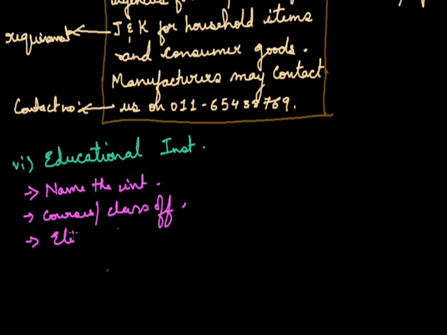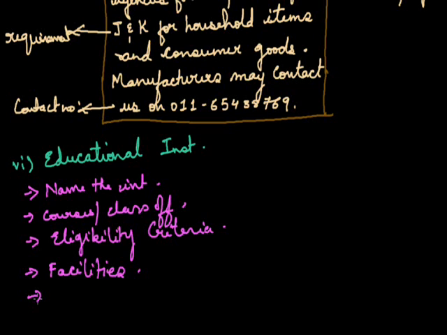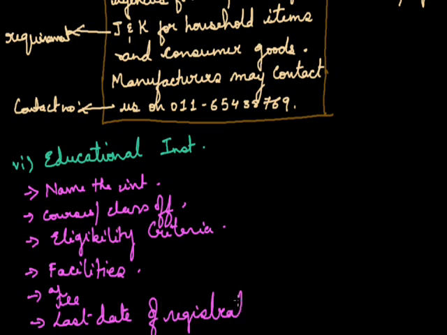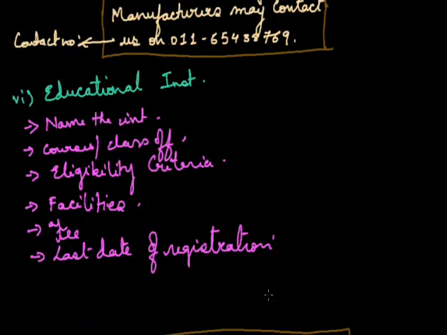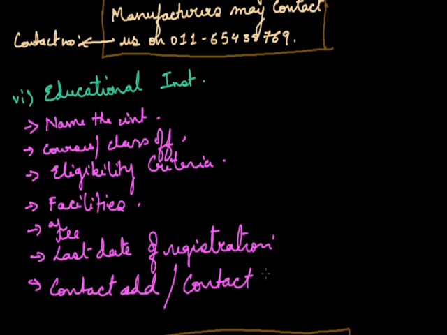Then the eligibility criteria. Fourth is the facilities. Then comes the fee. You need to mention the last date of registration. And the last point you need to keep in mind, as in all of the points, is your contact address or your contact number, so a person who is interested can contact you.